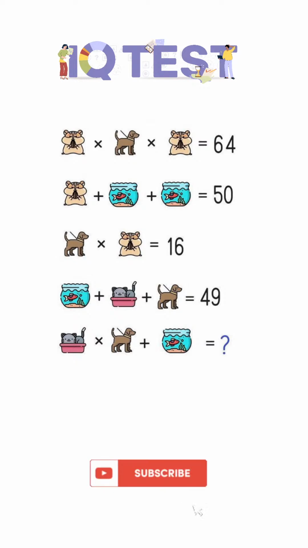So we have the cat, which is 22, multiplied by the dog, which is 4, plus the aquarium, which is 23. So our final answer is 22 multiplied by 4 plus 23, and that will give us 111, exactly as you've stated. So yes, you are correct.